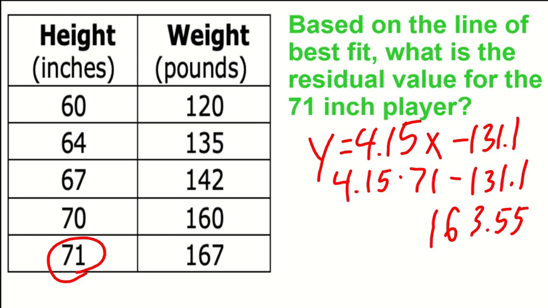So what's the actual value? 167. The actual value is what the y value is for the table. So we got 167 minus that 163.55. And who's got that? Emmy? 3.45 is correct. Okay? Any questions on that?